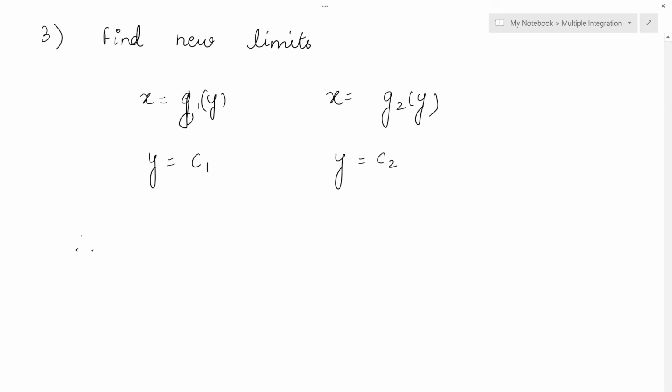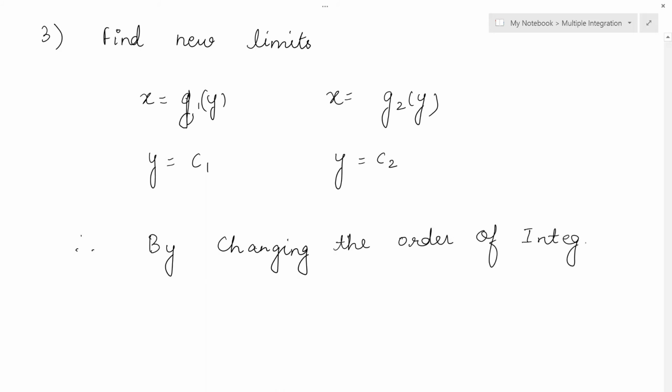Now by changing the order, you have to use all the rules that we used in the earlier lecture. That is, if the strip becomes horizontal, the left end it touches is your lower limit, the right end it touches becomes your upper limit, and the strip will travel from down to up. So by changing the order of integration, my I will now have the constants c1, c2 and inner limits g1(y), g2(y) in terms of y.